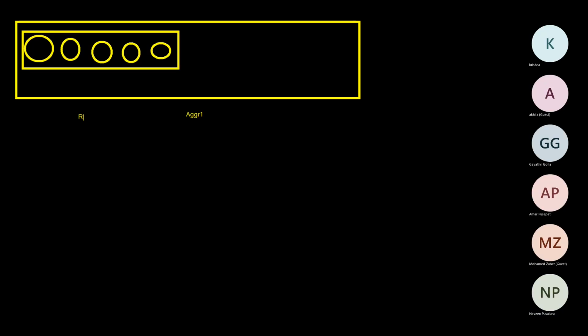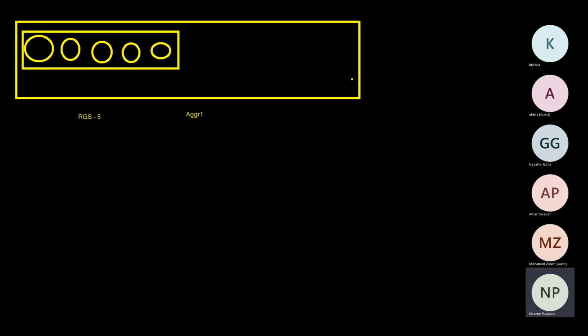Let's take our example only. Now I have created an aggregate, this is my aggr1. Let's assume that I created it with only 5 disks, and I mentioned the RAID group size as 5 only.